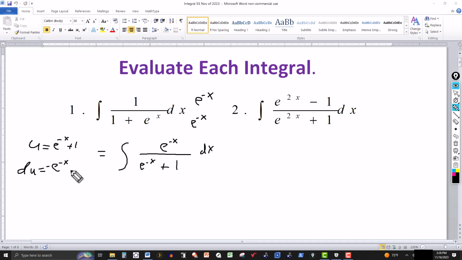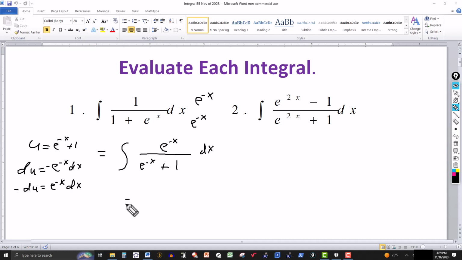Derivative of 1 is 0. This will be dx. And let's multiply both sides by negative 1 here. I get minus du would equal, and then negative times the right side just gives me e to the minus x dx.